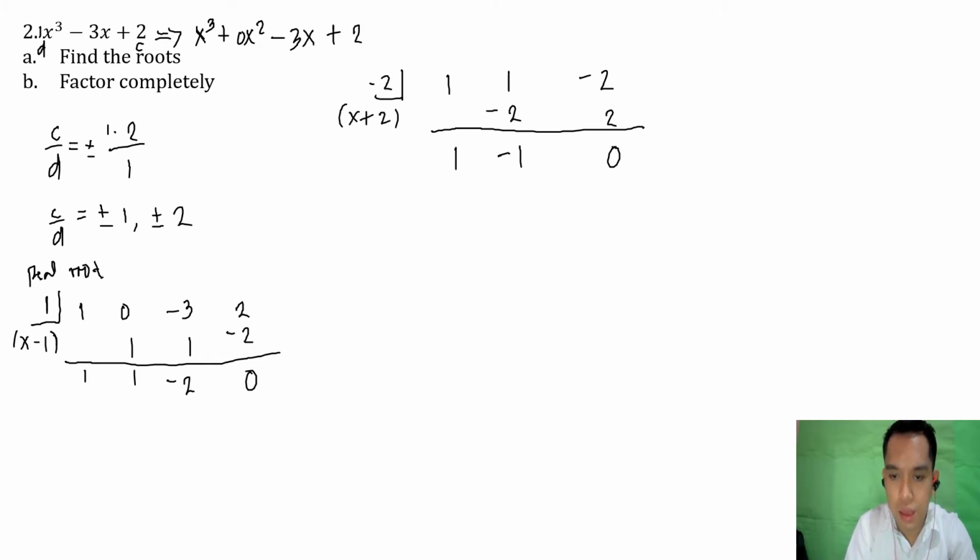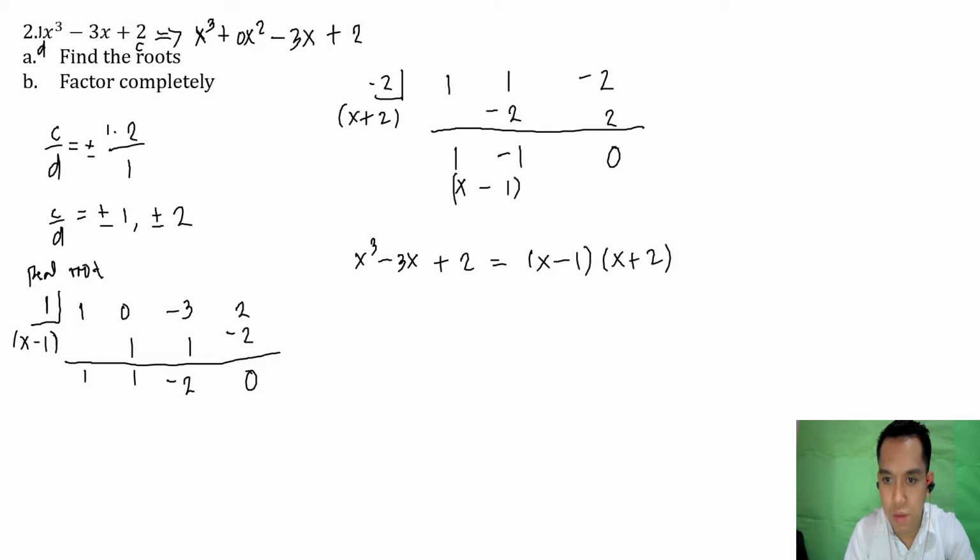And ito naman ay x minus 1. Okay, so therefore, the factors of x cubed minus 3x plus 2 are x minus 1, x plus 2, and x minus 1.